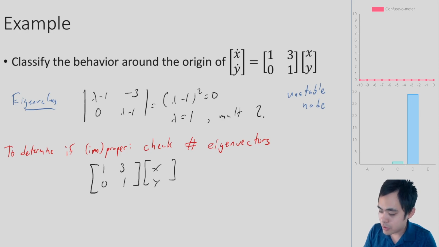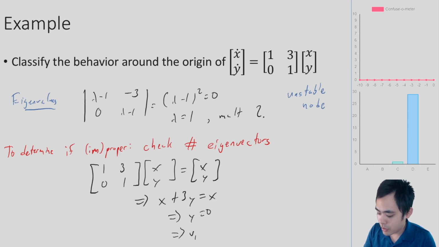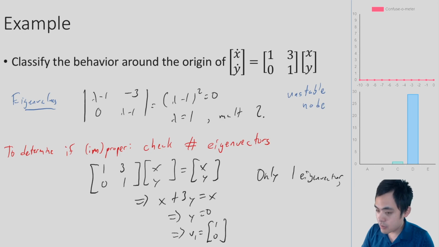The eigenvalue is just 1, so that equals (x, y), which implies that x plus 3y is equal to x, which implies that y is equal to 0, so v1 is equal to (1, 0). So you only have one eigenvector. So it is an improper node.